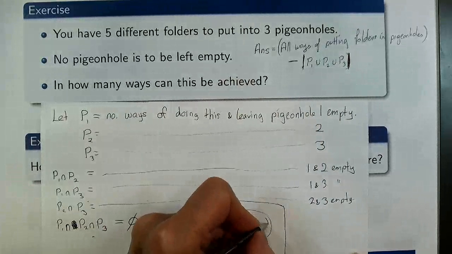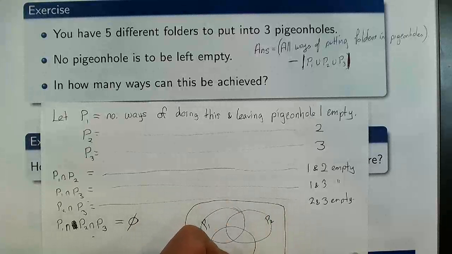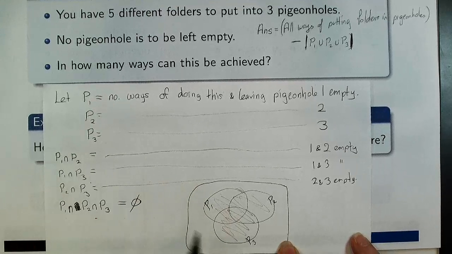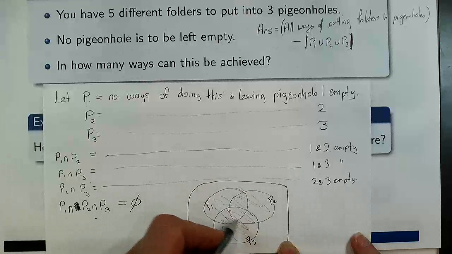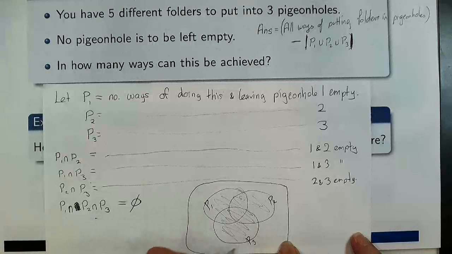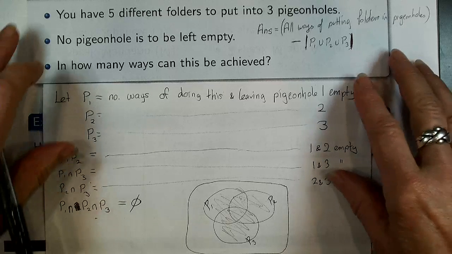So P1, P2, P3, all represented in there, are ways of doing this where 1 or more pigeonholes is empty. P2 is empty, P1 and P2 are empty. Oh, there's nothing in the middle there. P3 is empty, so on. Now, this might look like a long way around, but it's not quite a straightforward question, so we have to sneak up on it from behind.